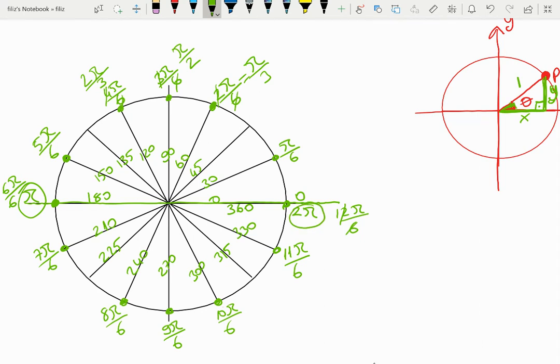So you can simplify here 5 pi over 3. And we can divide here 3 pi over 2.